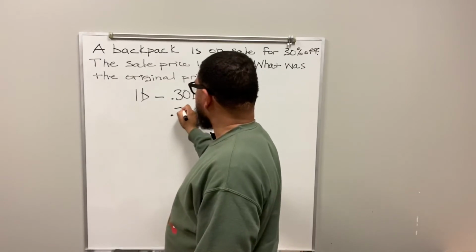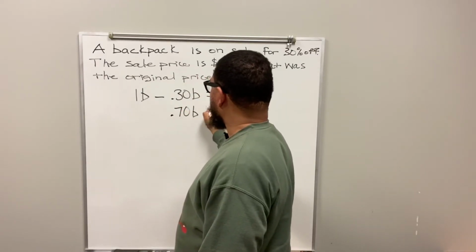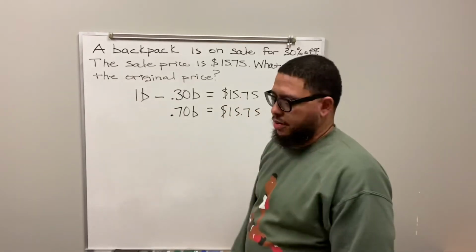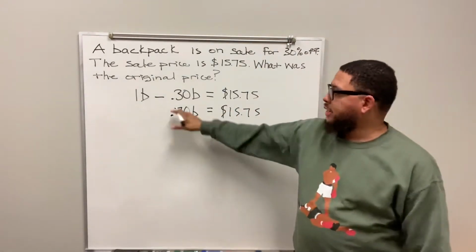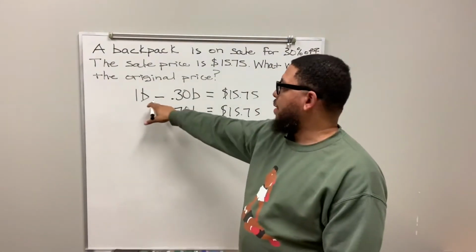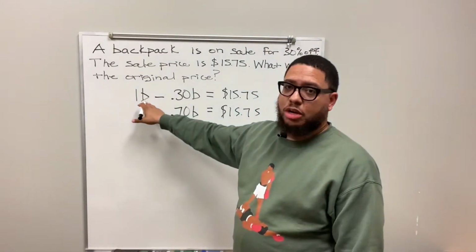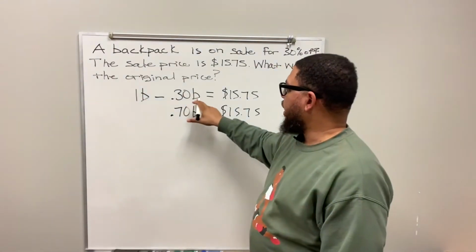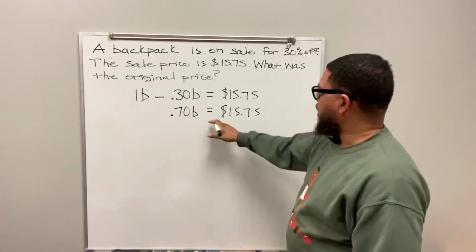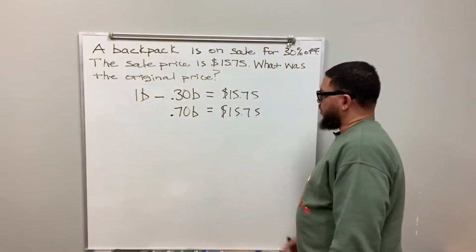So this is equivalent to 0.70B equals 15.75, right? And all I did right here was something that we often do in algebra solving equations, which is combine like terms. It's a like term because that's B to the first power, and that's B to the first power, right? So I got 0.70B is equal to 15.75.